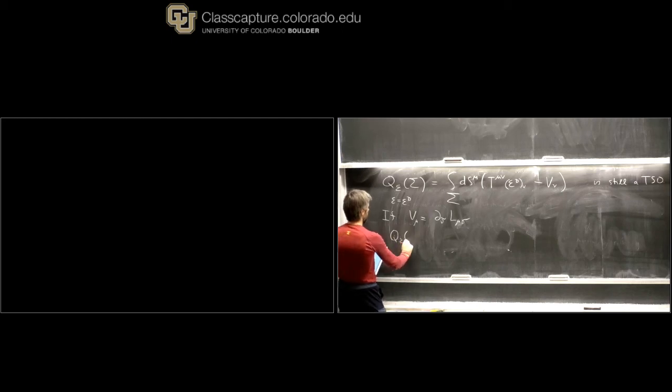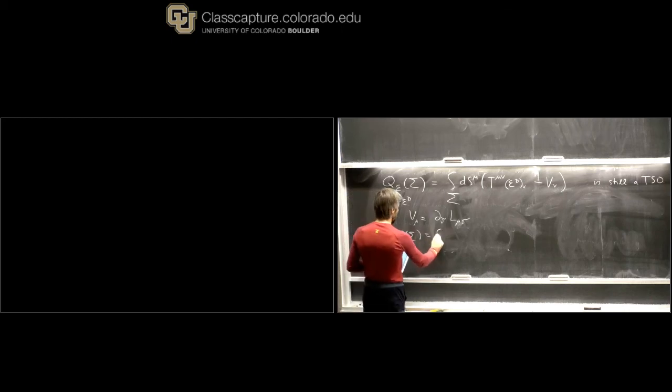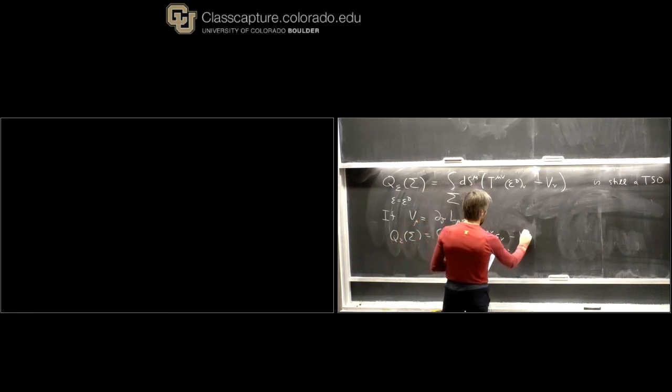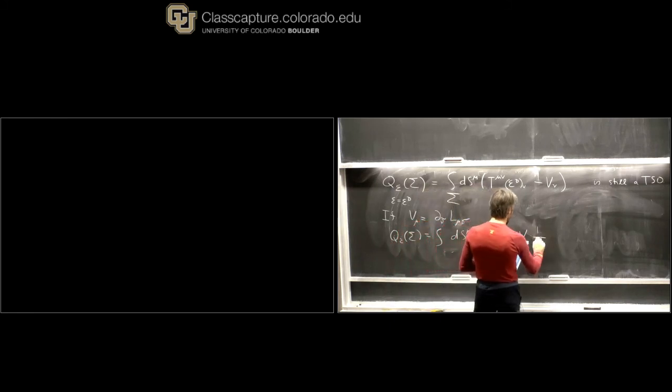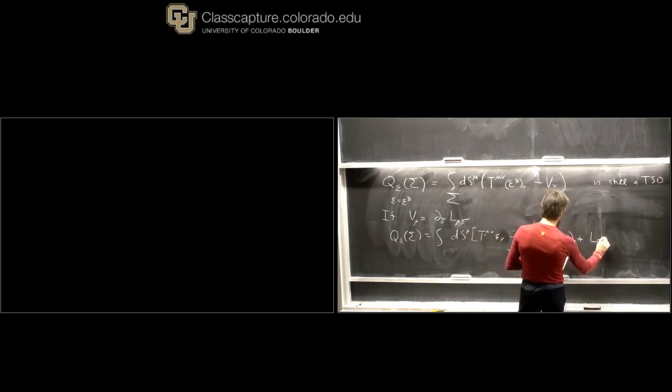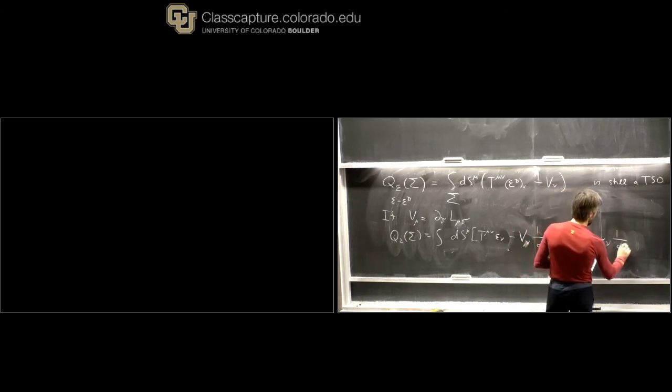Q epsilon of sigma equals integral ds mu, T mu nu epsilon nu minus V nu 1 over d epsilon plus L sigma nu 1 over d sigma d epsilon.